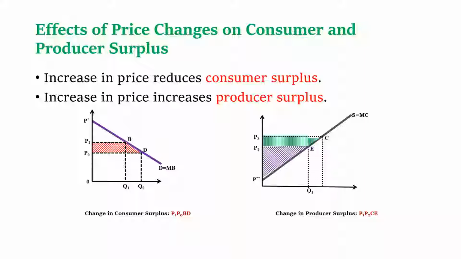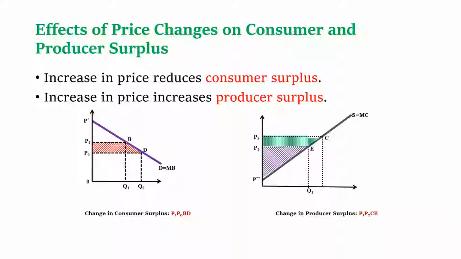Now, if the price increases to P1, consumer welfare will reduce because it's going to buy less of the good because of the price increase.